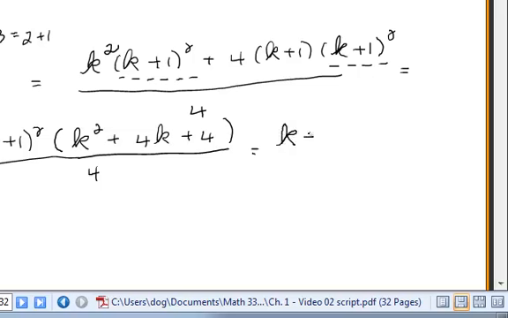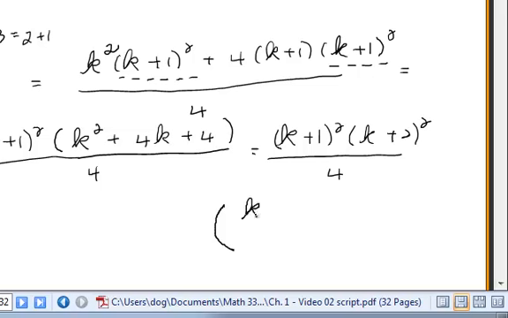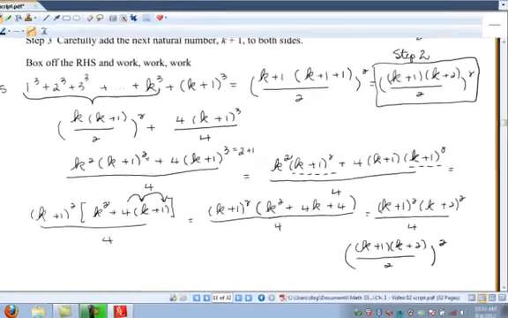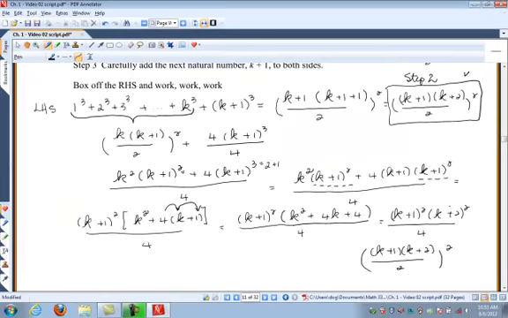So this is (k plus 1) squared times (k plus 2) quantity squared, over 4. And then I can write this as (k plus 1) times (k plus 2), all over 2, squared. And that's exactly what I need.